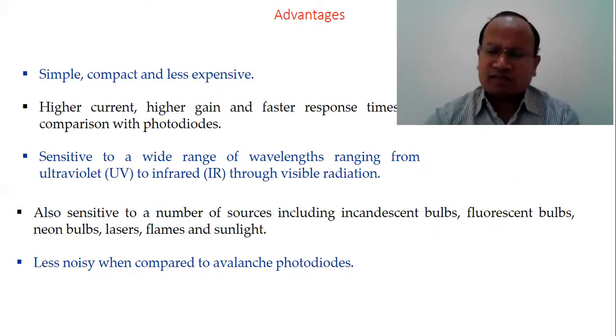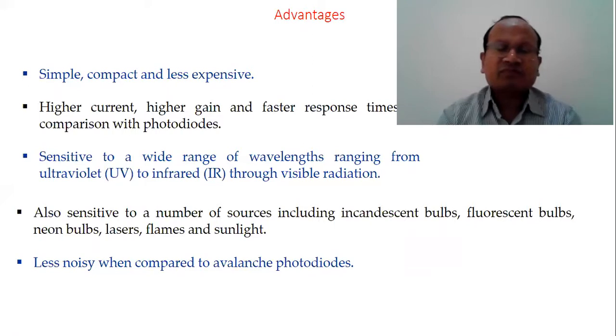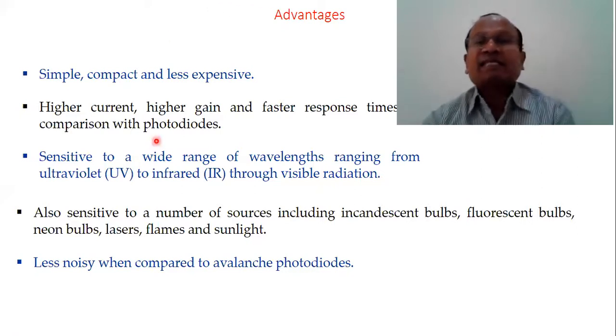What are the major advantages of the phototransistor? Number one, it is simple, compact, and less expensive.